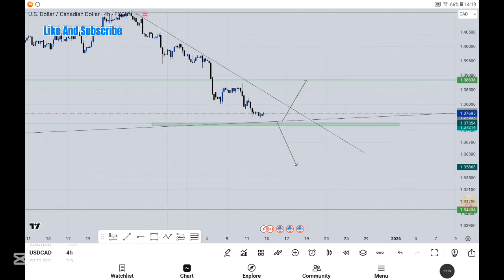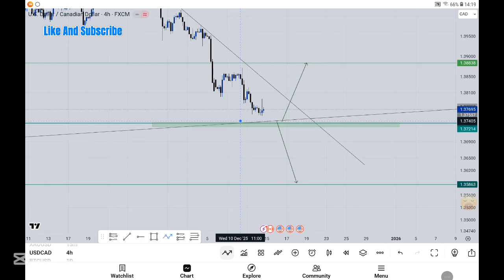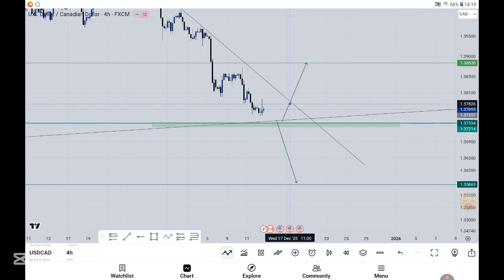So guys, these are the two things we're expecting from the USDCAD. Either a break, when it breaks below here, this trend line, this level here, we're expecting to get here. When it fortunately does not break below this level and this trend line, we're going to be seeing a break above this trend line and the market is going to come here. So that's what I have for you guys on the USDCAD.